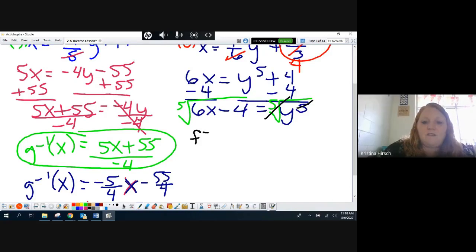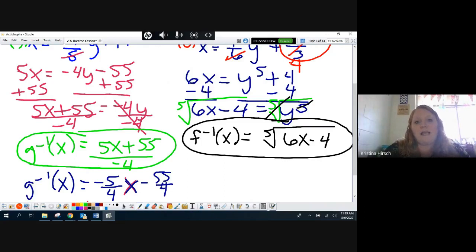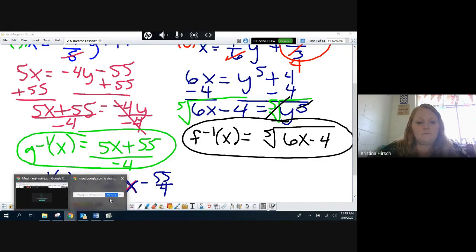So I would have f to the negative 1 of x equals the fifth root of (6x minus 4). And I'd be done. I'm going to save the last part of this lesson, which is verifying inverses, for a different video because it's just too much. So let me stop this video, and then you can start with the next video after you do a little bit of practice.